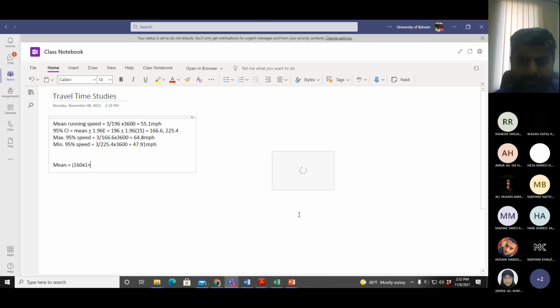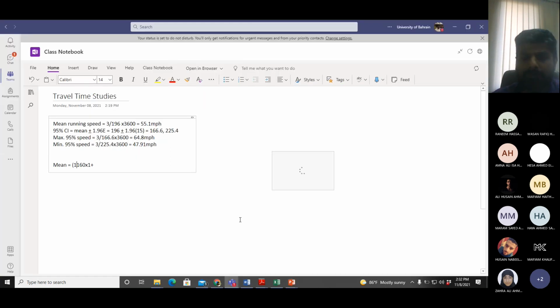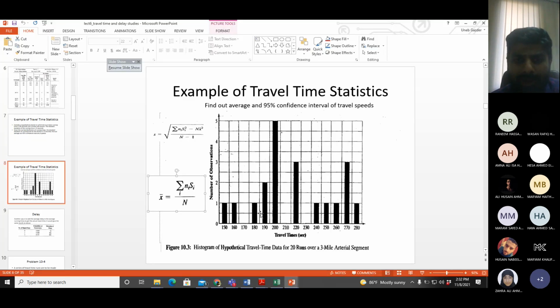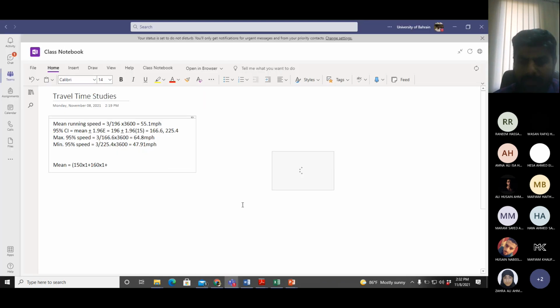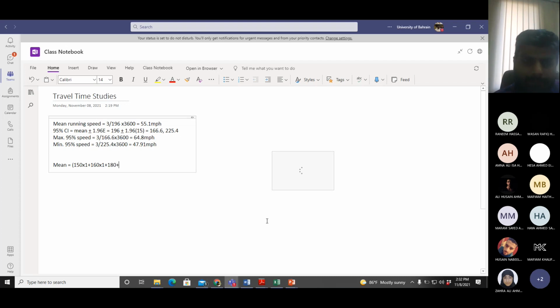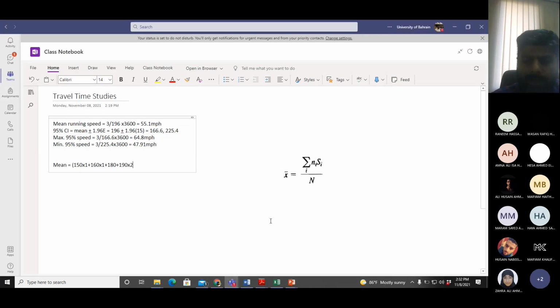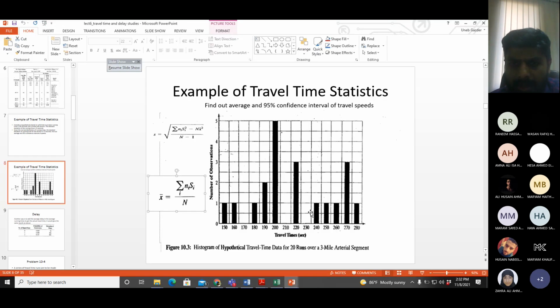I should start from 150. 150 into 1 plus 160 into 1, both observed one time. 170 not observed at all, so I just leave it. The next value observed is 180, again observed one time. Then I have 190 twice, 200 5 times, 210 not observed, 220 observed 3 times.